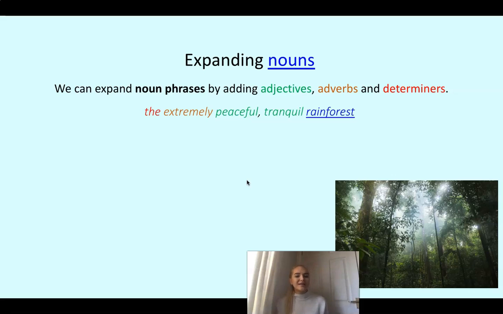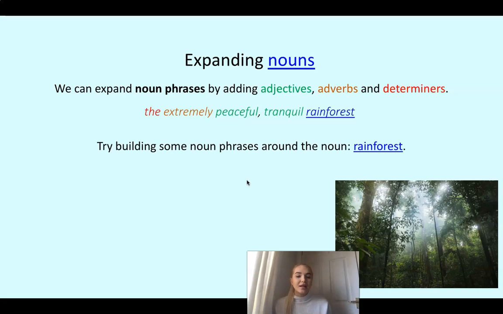But not only is this the peaceful, tranquil rainforest, which is my expanded noun phrase, I've actually expanded this further by adding my adverb extremely. It's not just peaceful and tranquil, it's extremely peaceful and tranquil. Now your first task on your resource sheet today is trying to build some noun phrases around the noun rainforest. So what I want you to think is, what does a rainforest look like?